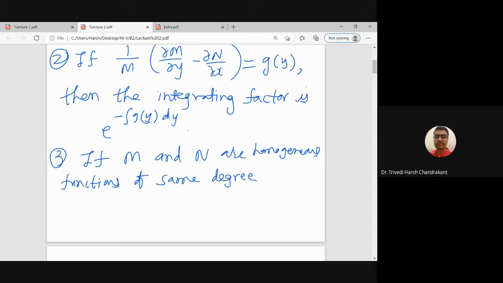Dr. Patel has mentioned how to identify whether a given function is homogeneous or not and how to find its degree.